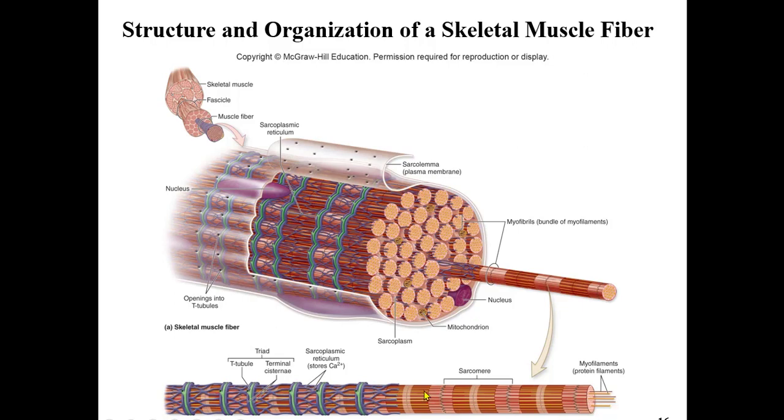Now on this myofibril, shown down here as an example, I have these little zip line looking things, little Z's. If you look carefully, they look like little Z's, like a zipper. Well, from one zipper to another zipper, and they often call it Z disc to Z disc, that is one sarcomere. So that's a unit. So a sarcomere is a unit from one Z disc to another Z disc.